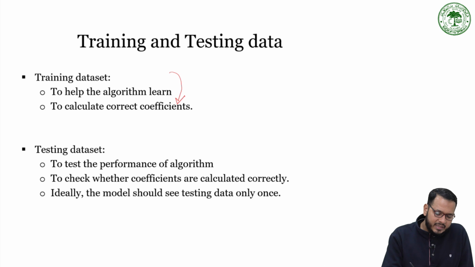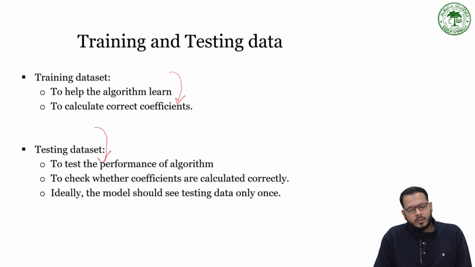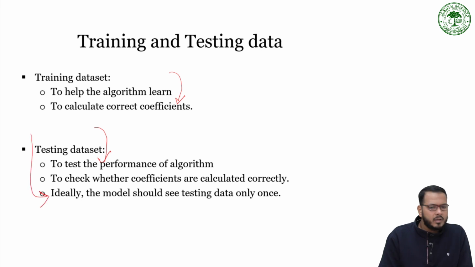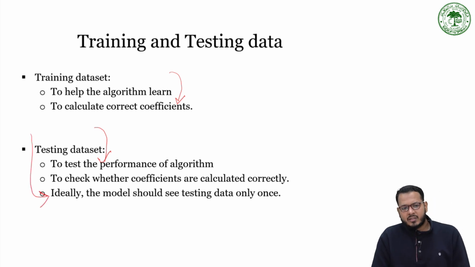On the other hand, the testing data set is used to check the performance of the trained algorithm, and there is an ideal condition associated with that. Your training data set might be available to the model many times, but ideally the testing data set should be available to the learned model only once.